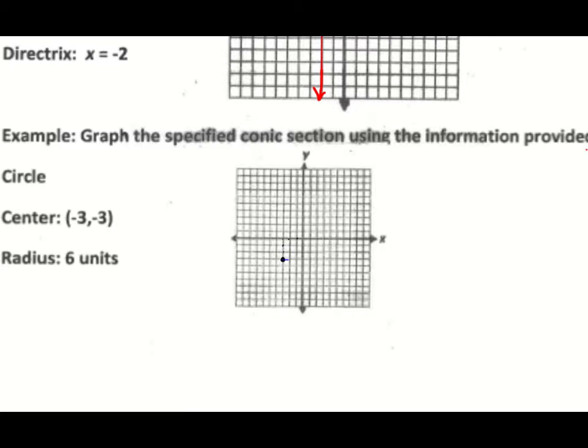So if I go this way, 1, 2, 3, 4, 5, 6, up 1, 2, 3, 4, 5, 6, left 1, 2, 3, 4, 5, 6, one more, and down 6.